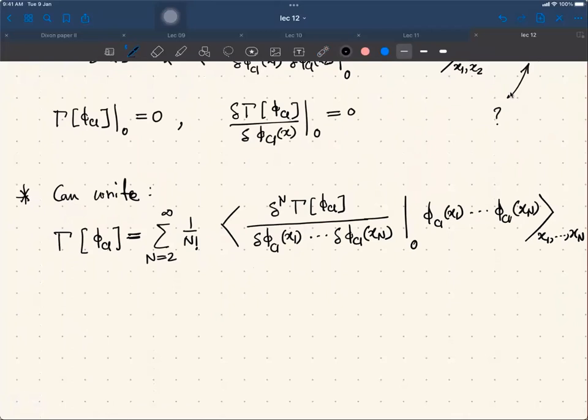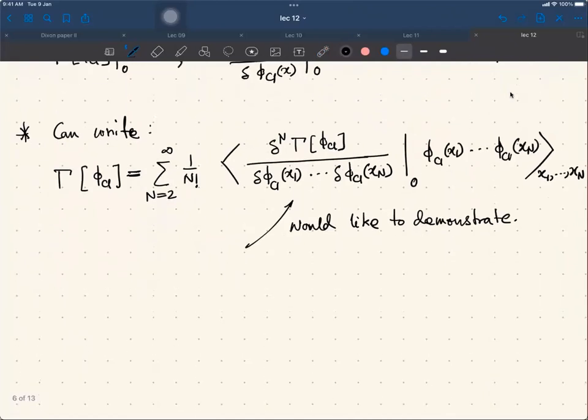Now, what we would like to demonstrate is that these derivatives are nothing but Γ_n(x1 to xn) that we defined earlier, for all n greater than or equal to 3.